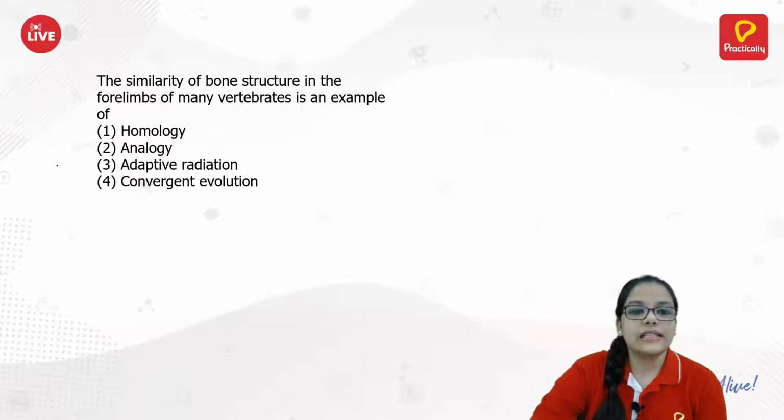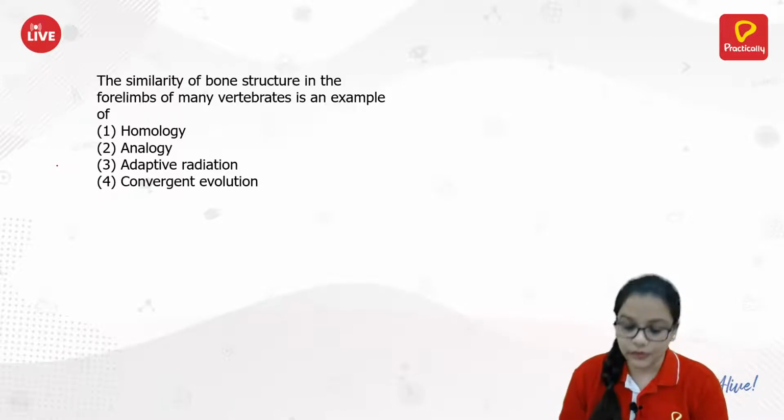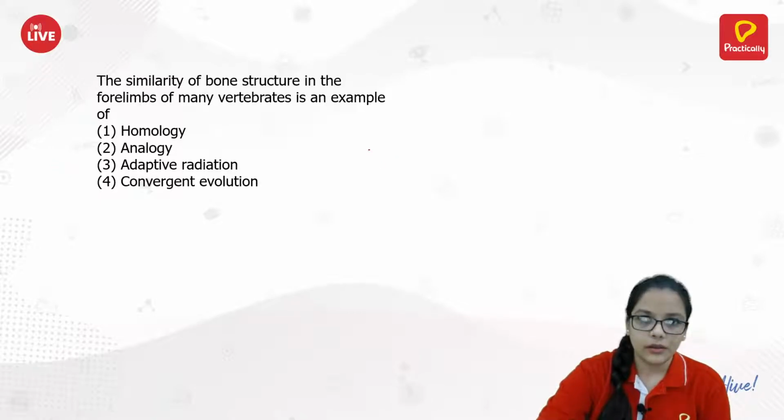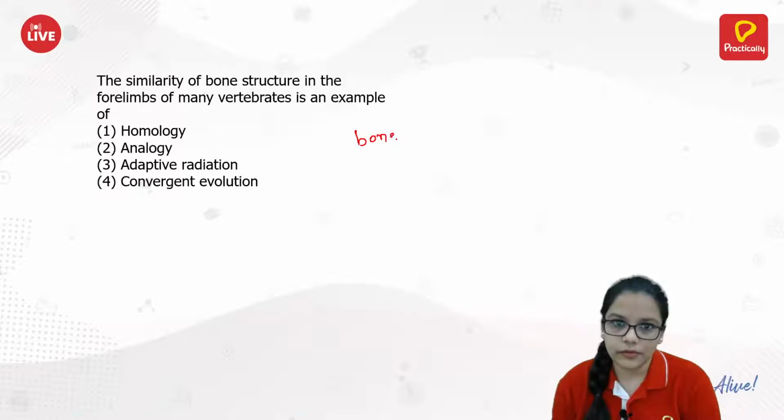Next, the similarity of bone structure in forelimbs of many vertebrates is an example of homology, analogy, adaptive radiation, or convergent evolution. See, the bones of forelimbs are similar.